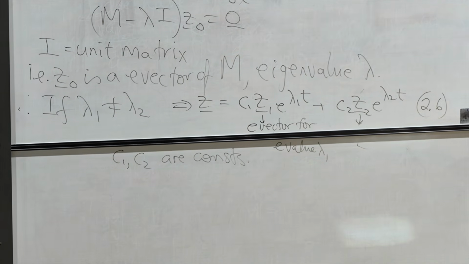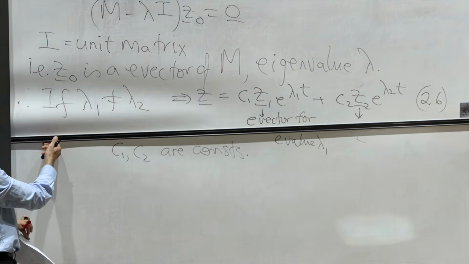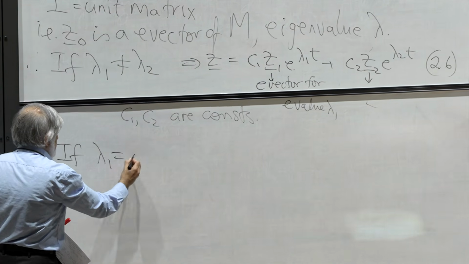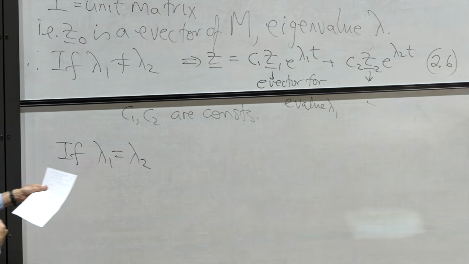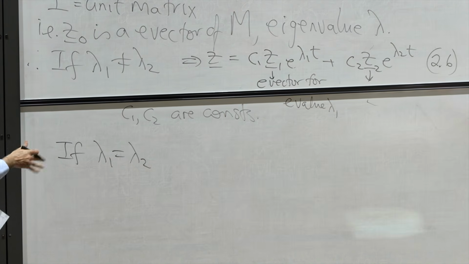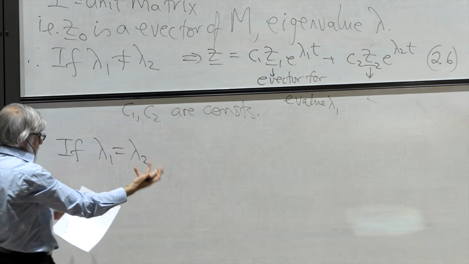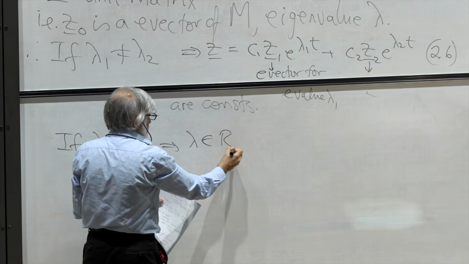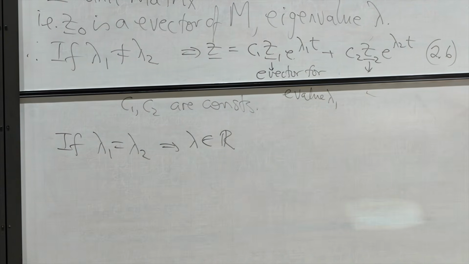What about the case where lambda 1 is equal to lambda 2? Then the first thing is that the lambda must be real, because if they were complex, then they're complex conjugates of each other, and so they wouldn't be equal to each other.